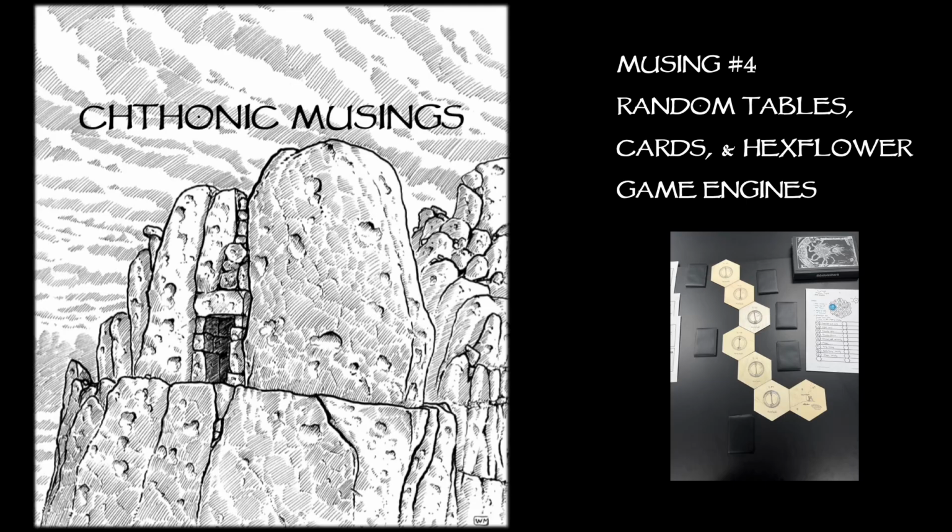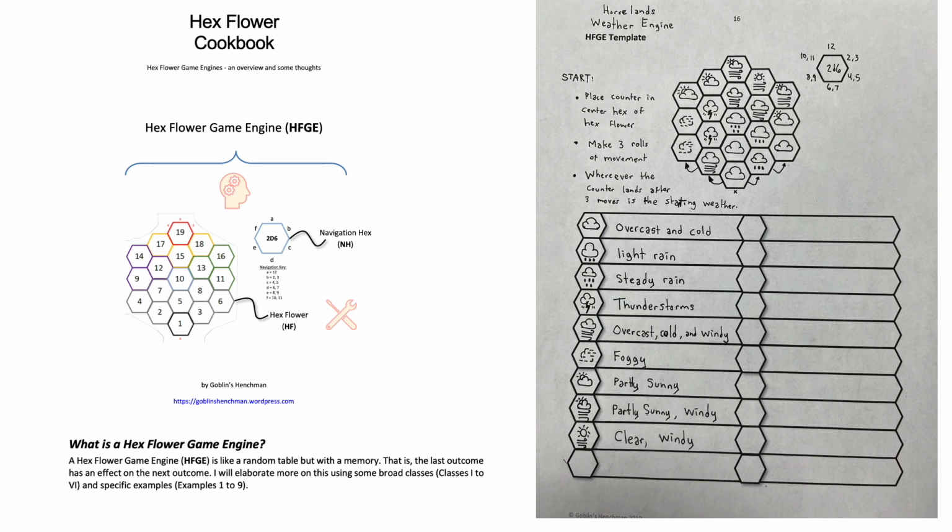Basically these are like 19 table entries in our table. And then there's a separate hex off to the side there, which you can see labeled the navigation hex. This is going to be very similar to that Shadowdark table that directed your movement in the other table.